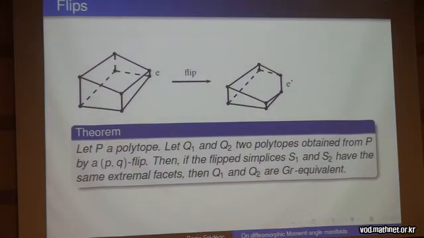Another usual transformation of polytopes is called a flip. A flip, we can consider in some sense the smallest variation of a polytope.